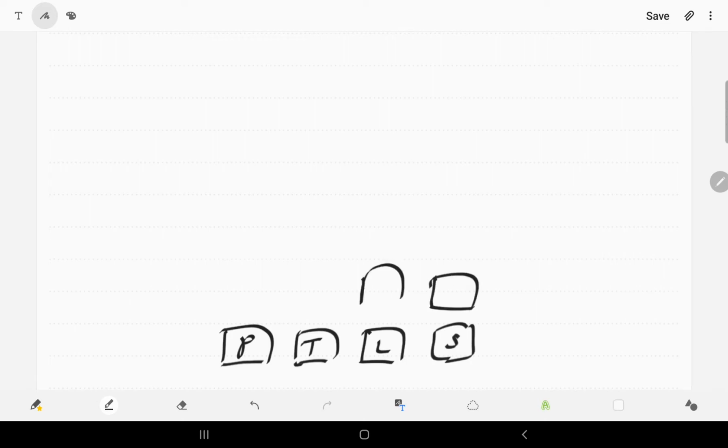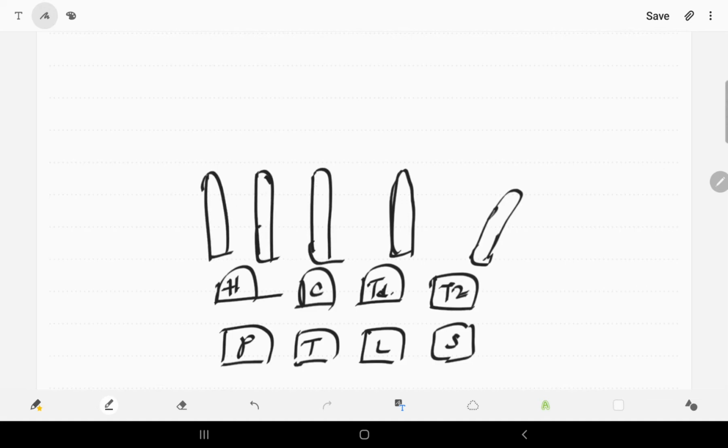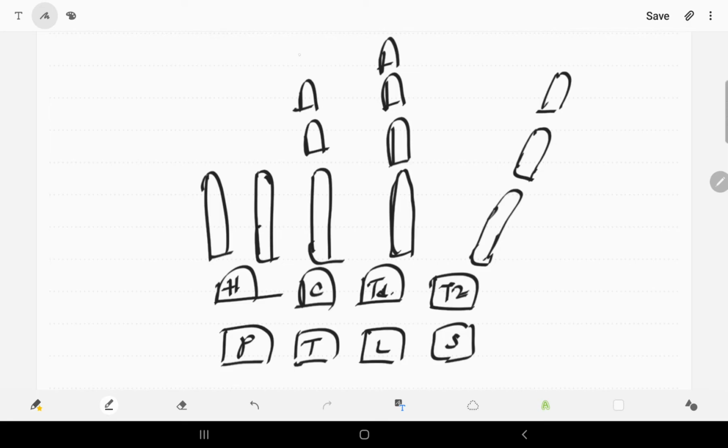Then the trapezium, trapezoid, capitate, hamate. Then the first metacarpal, second, third, fourth, fifth metacarpal. And the phalanges, proximal and distal phalanges.